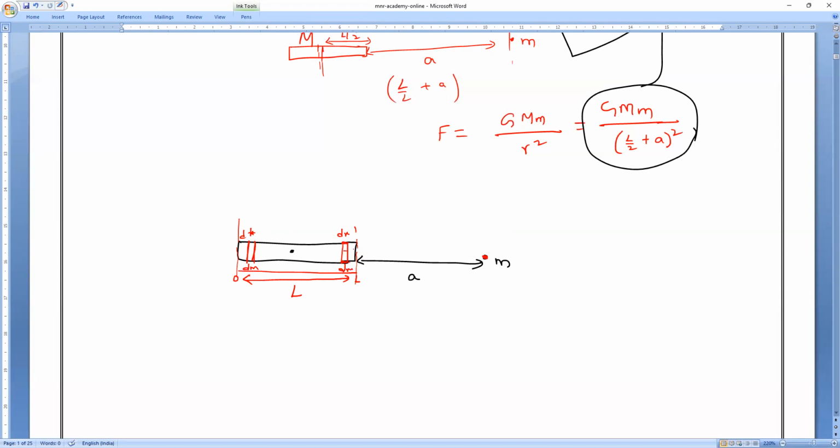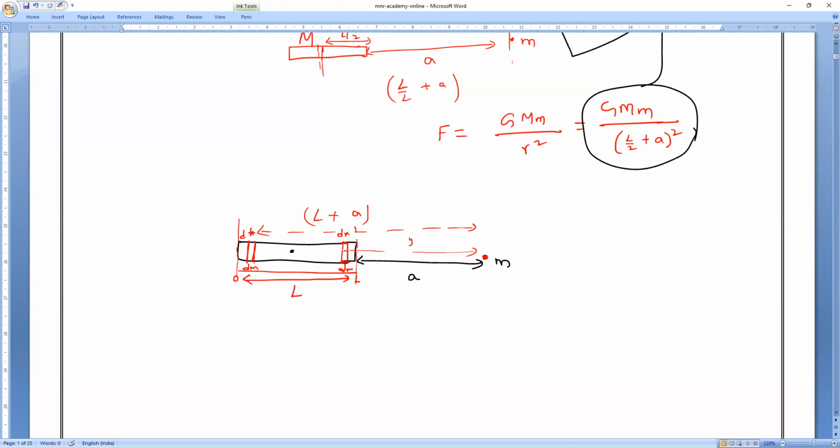From here to here the distance is something, say x. Let me take y. Then from here to the far end, the distance is a plus L in total. Am I right or wrong? Respond, everybody. Correct or not, guys?